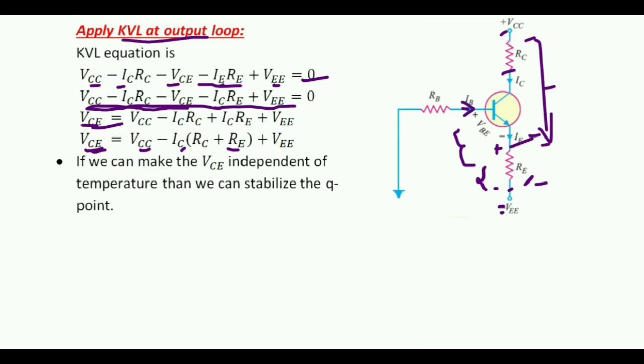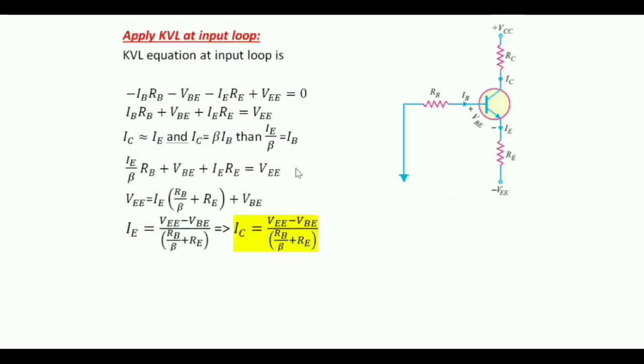And another way is, here VBE is very less compared to VEE, so we can neglect this, and RB by beta will be very less compared to RE. So IC will be equal to VEE by RE.